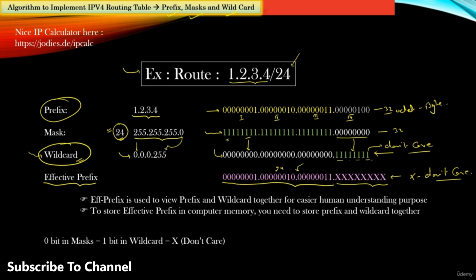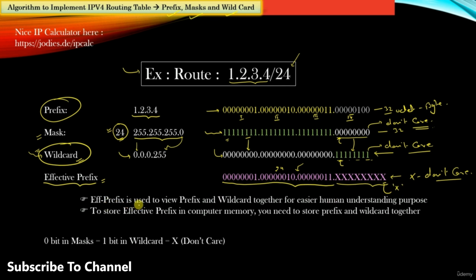And in the mask, those bit positions where you have 0 are don't care. So you have don't care both in mask as well as wildcard. The only difference is that in the mask, don't care is represented by bit 0, whereas in wildcard, it's the bit 1 which represents don't care. In effective prefix, the don't care is represented by a symbol X.